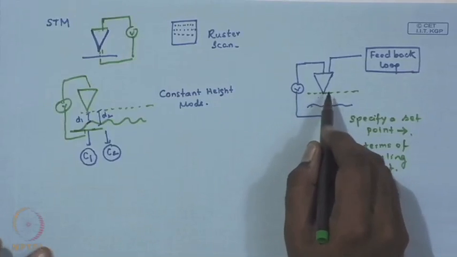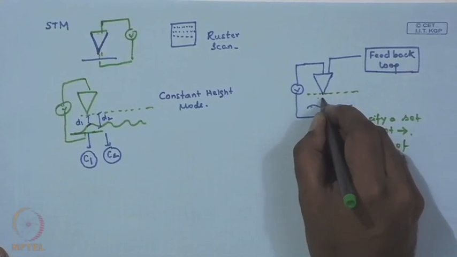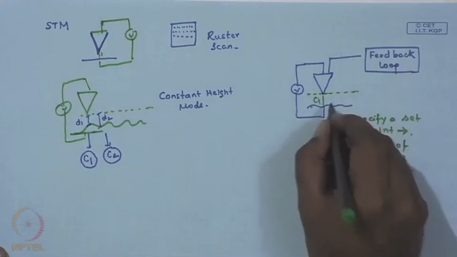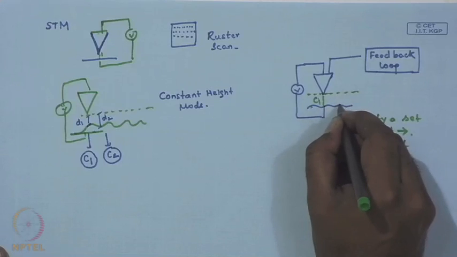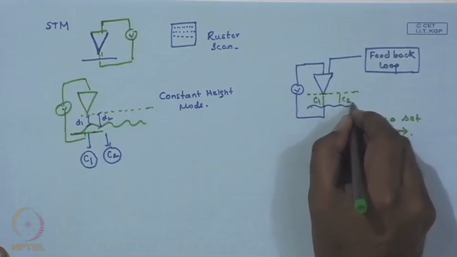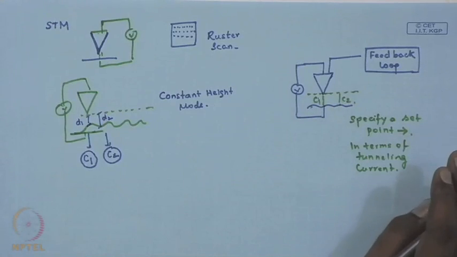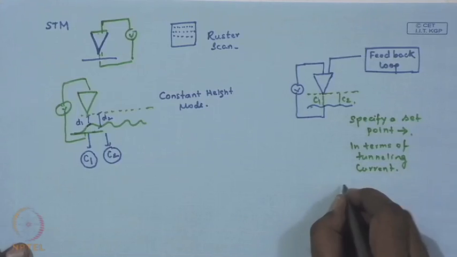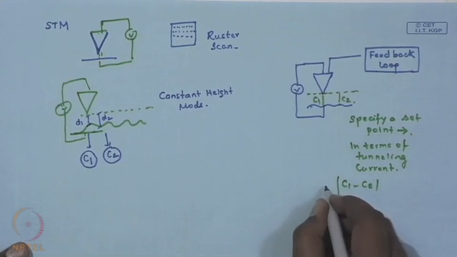now the tip starts to raster or starts to scan. So, let us say this was the set point with C1, it goes to the second location where the current is now C2, okay, because of the surface topography. This C1 minus C2 is now the deviation from the set point, or the error.